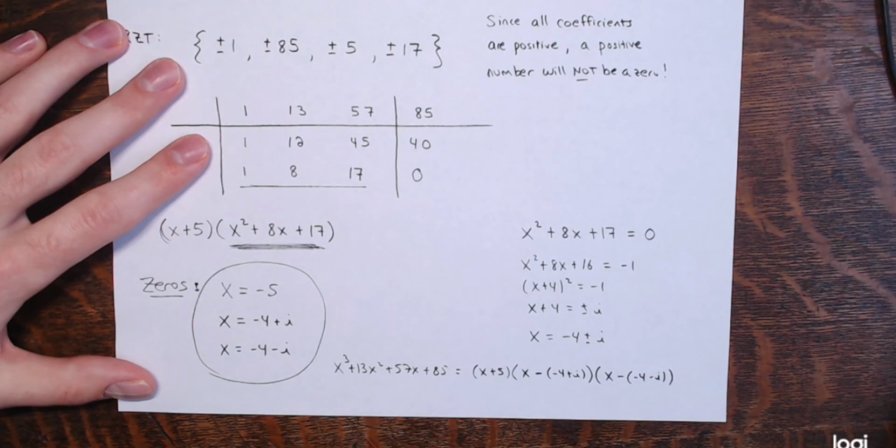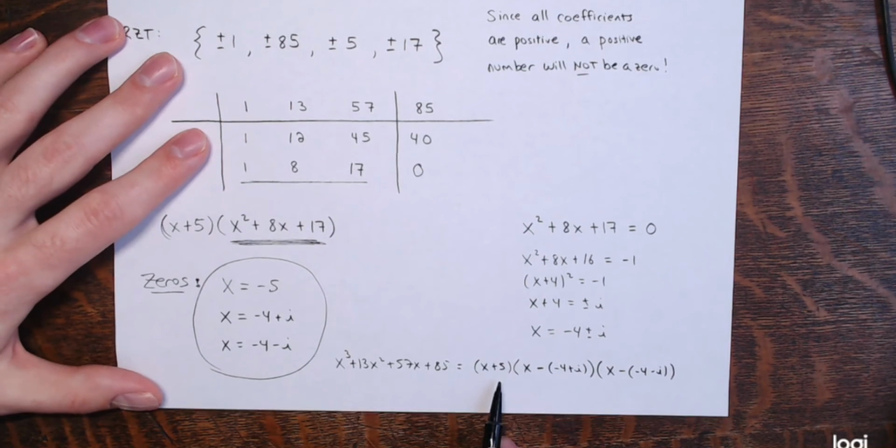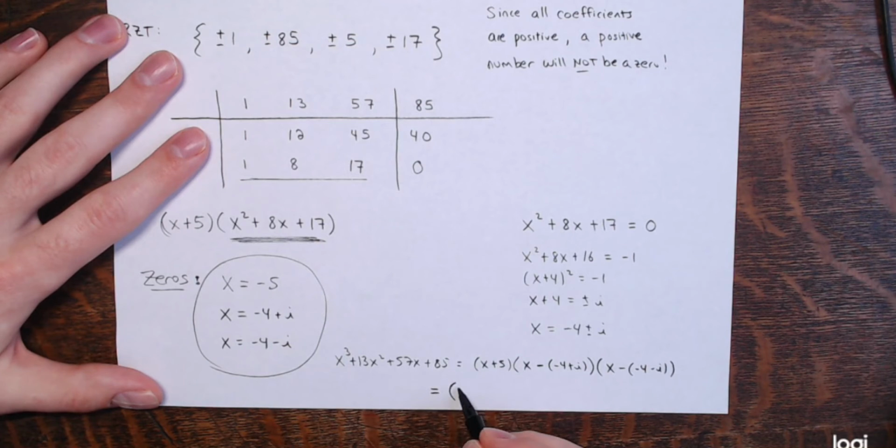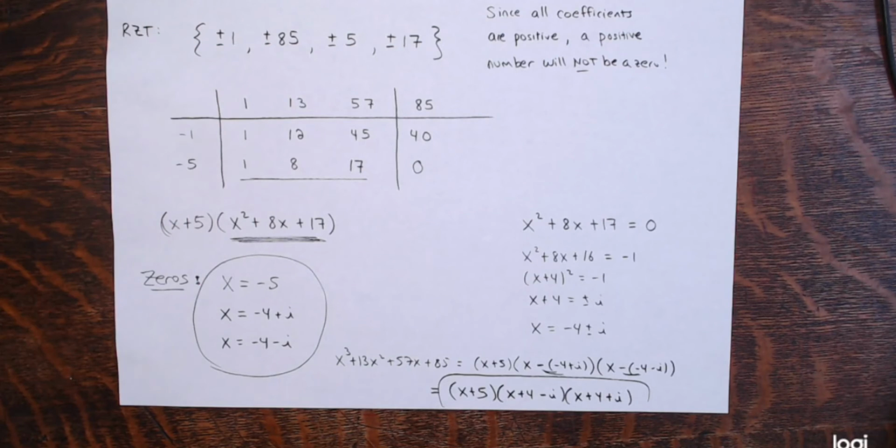And there we go. This is like I was doing in all the other problems, right? Everything is x minus some complex 0. Or x plus 5 times, and then if you actually distribute the negatives here, this factor would be x plus 4 minus i times x plus 4 plus i. Right? And there's a way to factor the polynomial completely over the complex numbers.